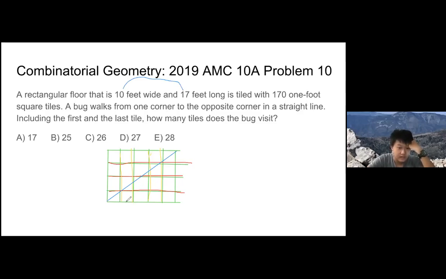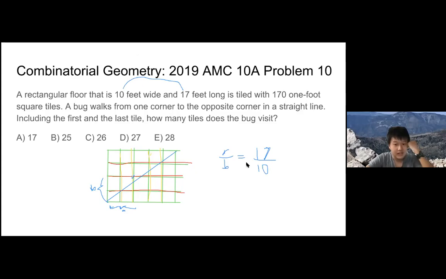So like if it passed through, say, some of these corners where it's A to B, then you'd have to have A over B is 17 over 10, because this ratio would be the same as the ratio between the edges of the rectangle.